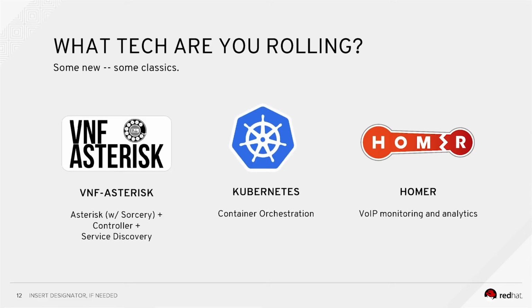So what specifically is in our recipe? Some of these things you might recognize, some you don't. First is VNF Asterisk, which is really just our tooling around Asterisk. We run Asterisk in a container that anybody could run for any purpose.